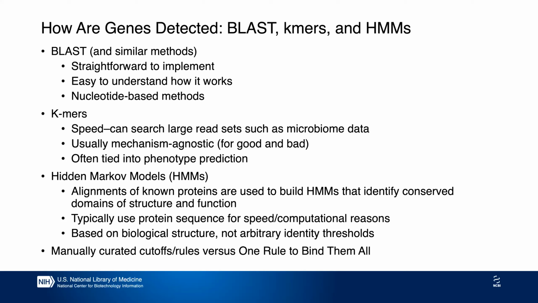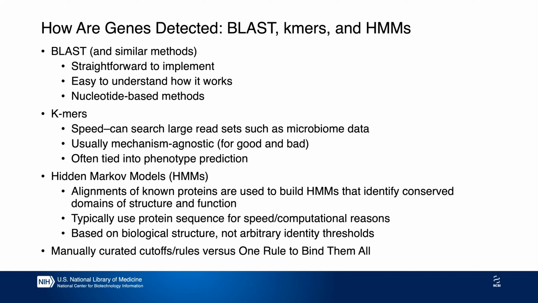They typically use protein sequence for speed and computational reasons, but there are some related tools that use nucleotide. And one thing is that they are based on biological structure, not arbitrary identity thresholds.